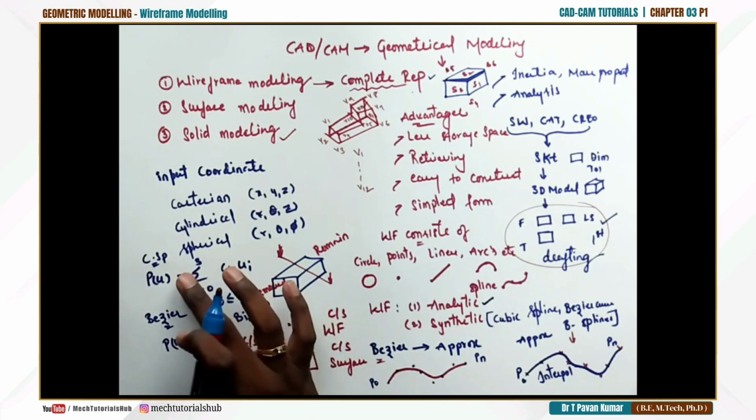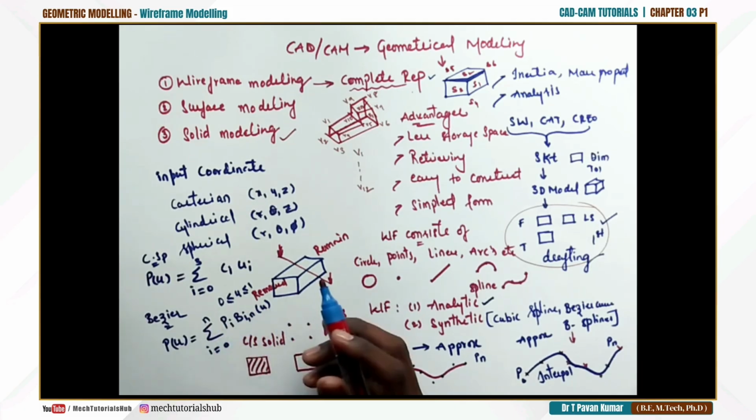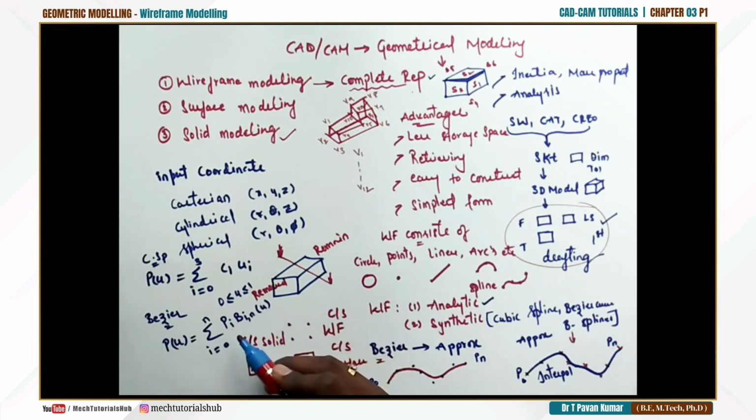This is the equation for the cubic spline, and this is the equation for the Bezier curve: P(u) = sigma i = 0 to n of P_i B_i,n(u), where P(u) is any point on the curve, P_i is a control point, and B_i,n is a polynomial which serves as the basis function for the Bezier curve. This is the main reason to develop a Bezier curve.